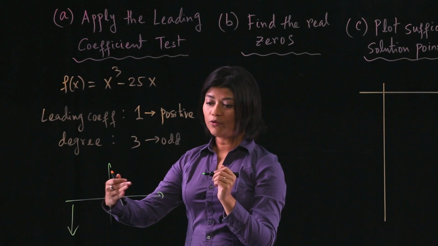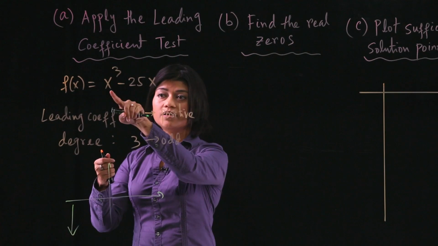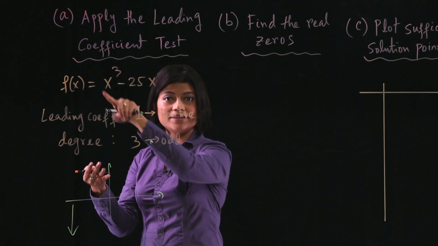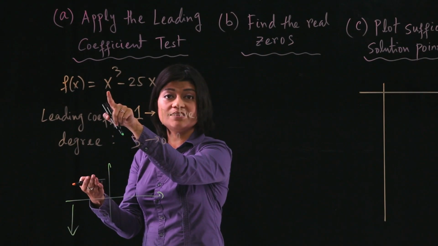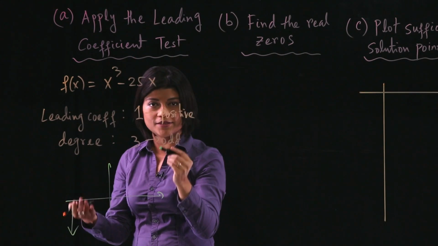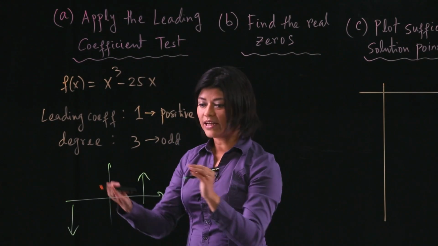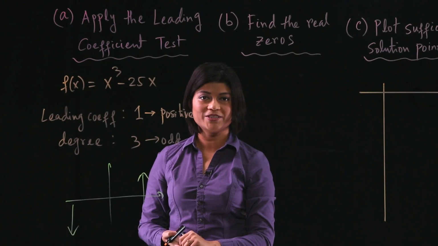Now think of what is happening when x is approaching positive infinity. So you're plugging in large positive values for x. Again, this leading term is the dominating term. So if you plug in a positive number, you get positive cube is positive, which means the curve rises to the right. So that's what we get about the curve of this function from the leading coefficient test.